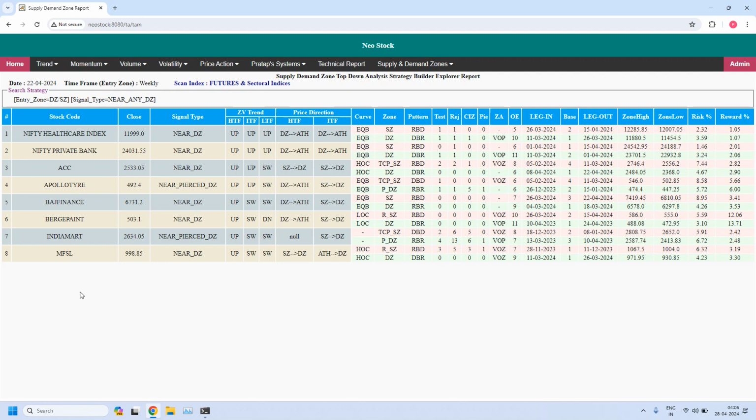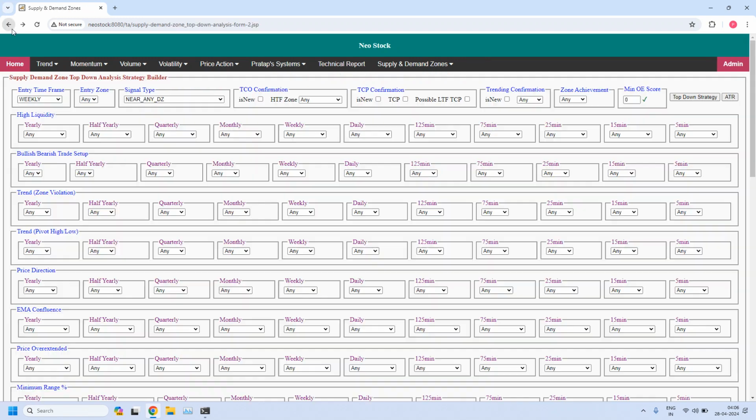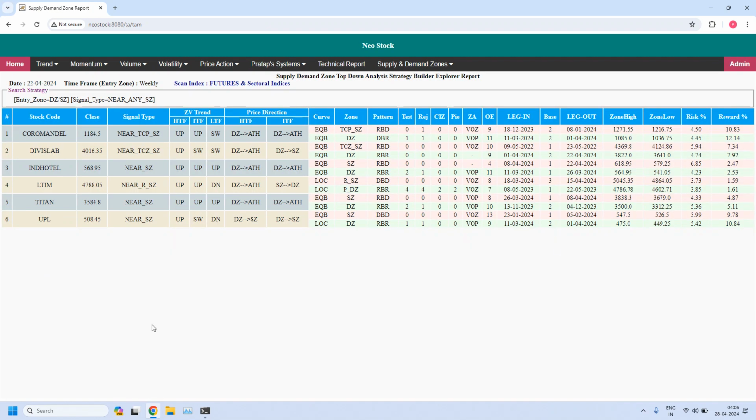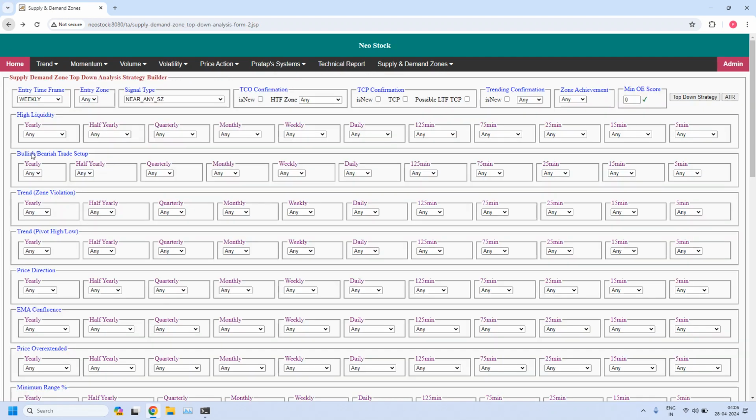Okay, let me generate the next report. I'm going back. For weekly time frame, let us find the stocks near weekly supply zone. These 6 stocks are filtered. Let me go back.